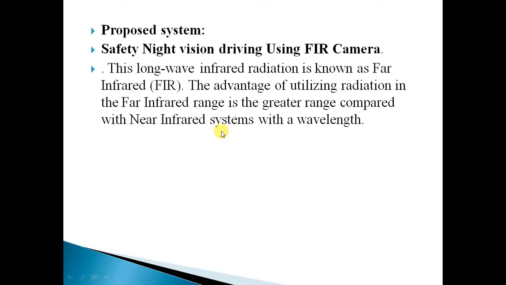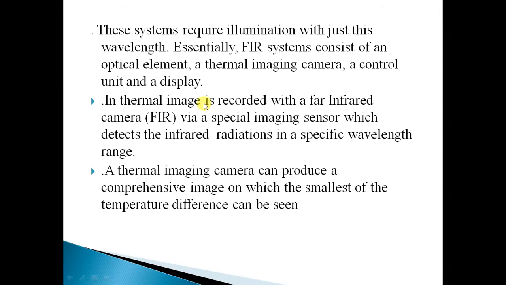However, a near infrared system is less expensive, but the range and the wavelength are greater in the FIR when compared to the near infrared system. This system has a thermal imaging camera, a control unit, a display unit, and an optical element. The thermal image is recorded by the FIR camera, which has a special imaging sensor that detects the infrared radiation in a specified wavelength range.